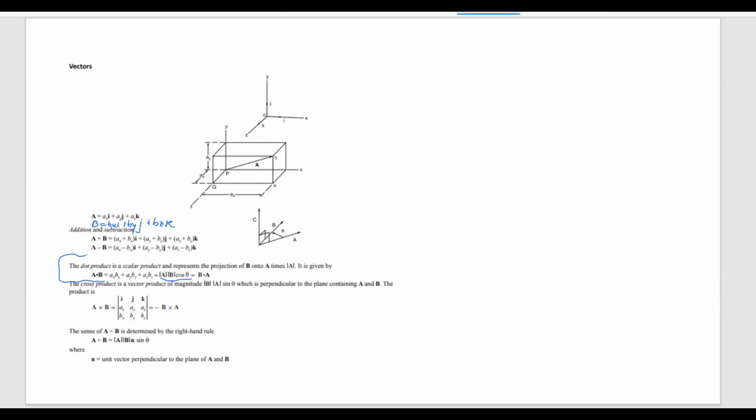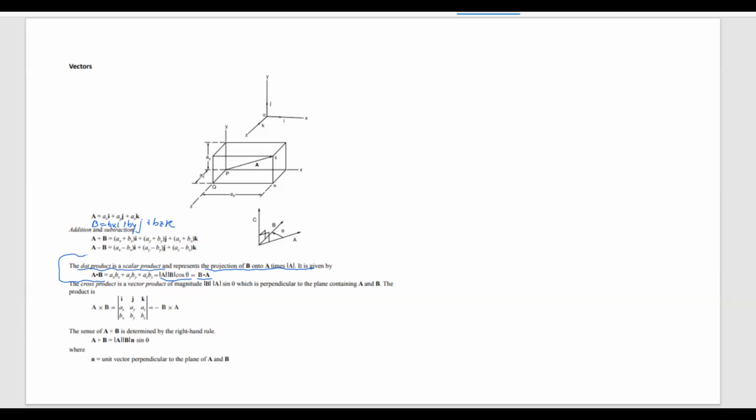Another thing the FE handbook tells you is that the dot product is commutative, meaning that A dot B equals B dot A. Here you're told that the dot product is a scalar product and represents the projection of B onto A times the magnitude of A. This statement is very important. We will have an example and explain exactly what it means. Also, the dot product is a scalar product, which is a very important statement, and I'll have an example about that.